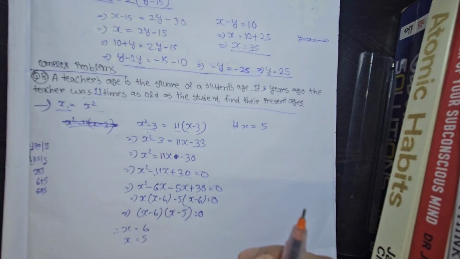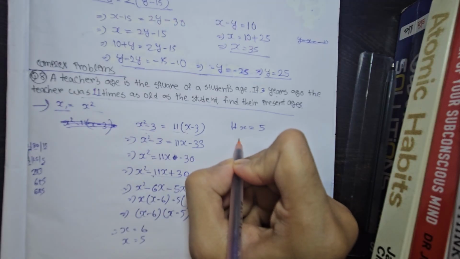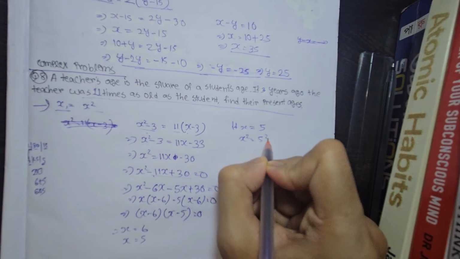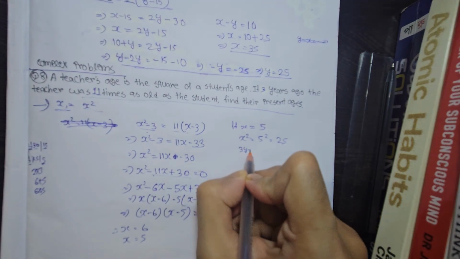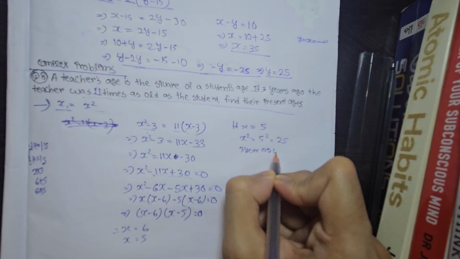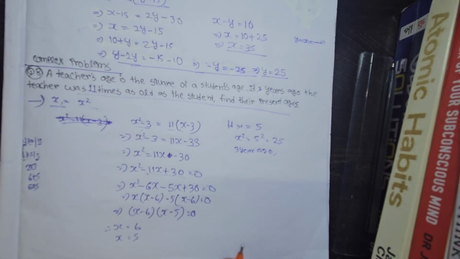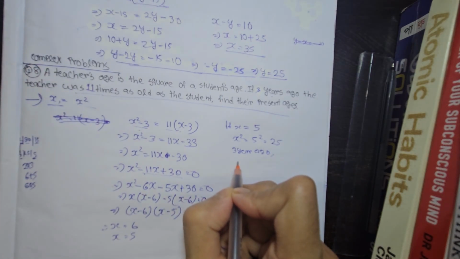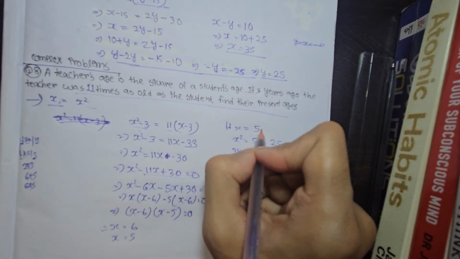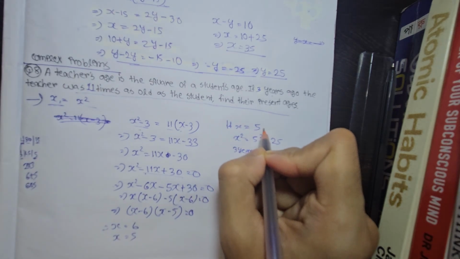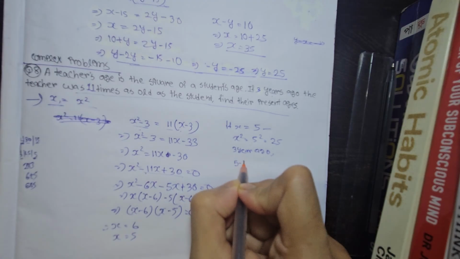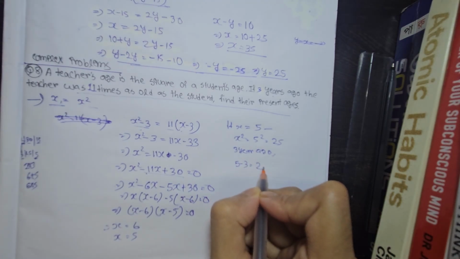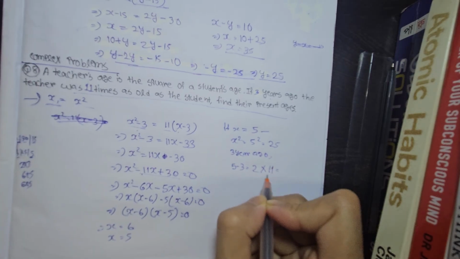Now if x equals 5, the teacher's age would be 5 square, which is 25. The student's age is now 5 years. 3 years ago the student would be 5 minus 3 equals 2 years old. If we multiply 2 by 11, it comes to 22.